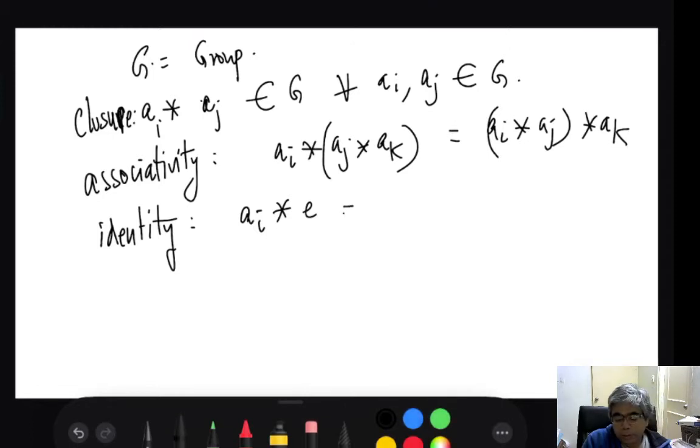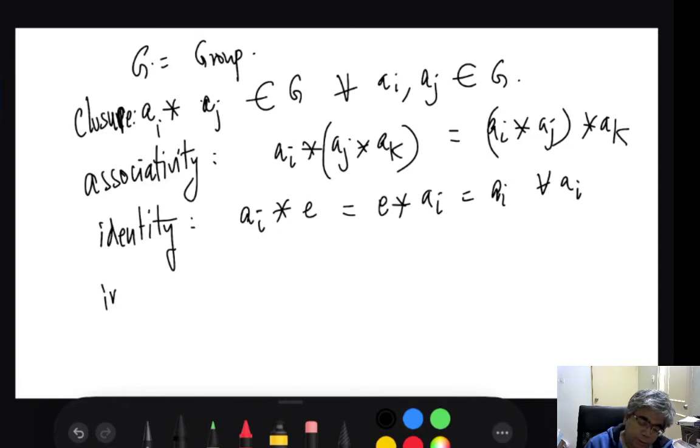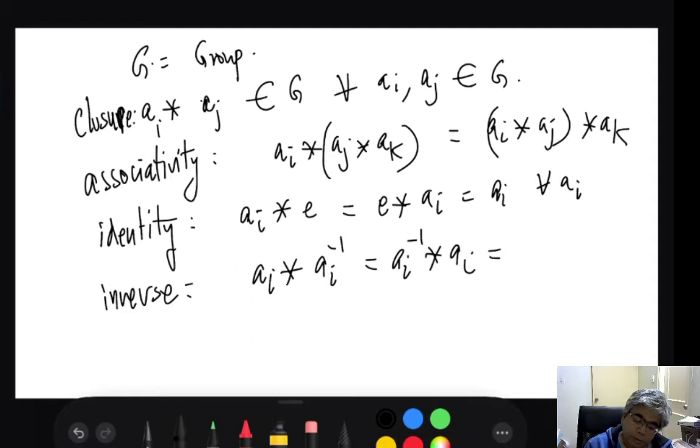And then the inverse: A_i star A_i inverse is equal to A_i inverse star A_i, which is equal to E.